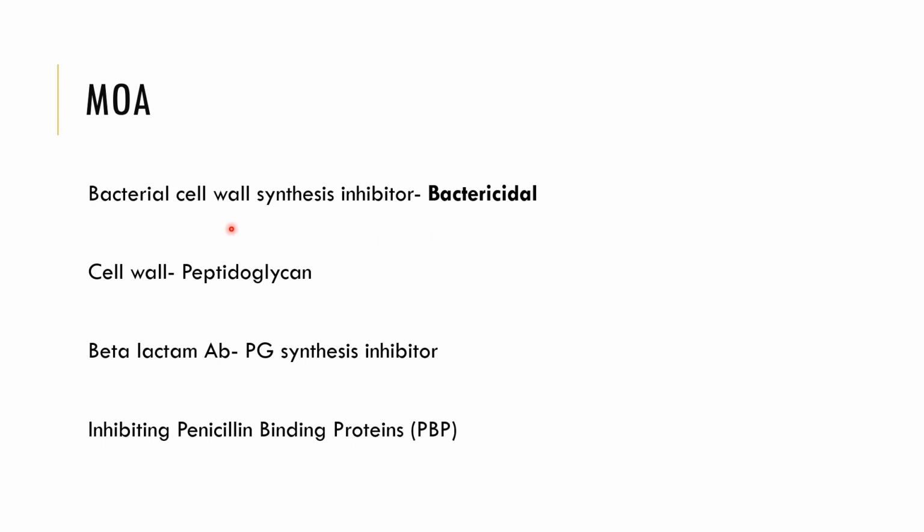Because we now know that the cell wall of these bacteria consists of peptidoglycan, and this peptidoglycan synthesis is inhibited by these beta lactam antibiotics. So the beta lactam antibiotics are peptidoglycan synthesis inhibitors by inhibiting the penicillin binding proteins such as transpeptidase.